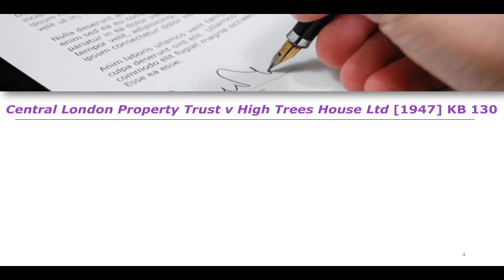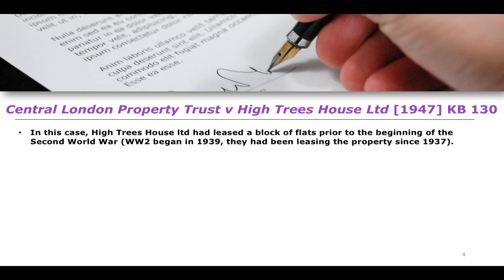So, the case from 1947, Central London Property Trust versus High Trees House Limited. In this case, High Trees House Limited had leased a block of flats prior to the beginning of the Second World War. In the UK, the Second World War began in 1939, and they had begun leasing flats since 1937.